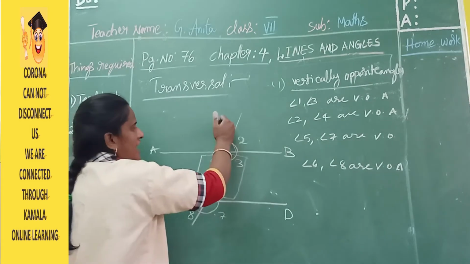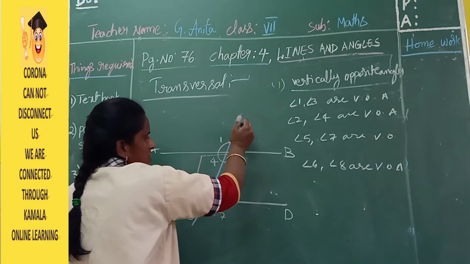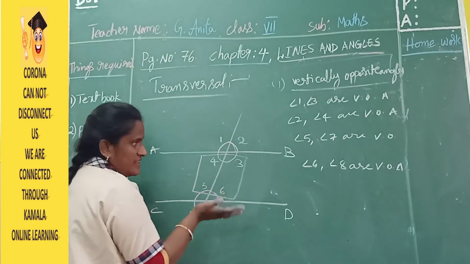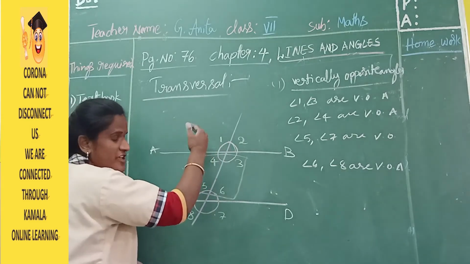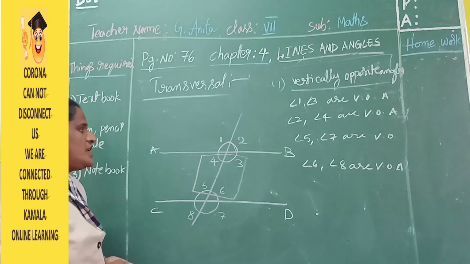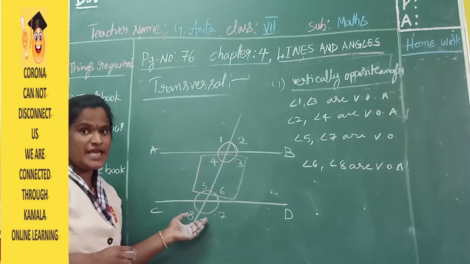Which angles are outside? Angle 2, angle 1, angle 8, angle 7. These are the exteriors. Exterior means outside of these parallel lines. That's why they are called exterior angles.